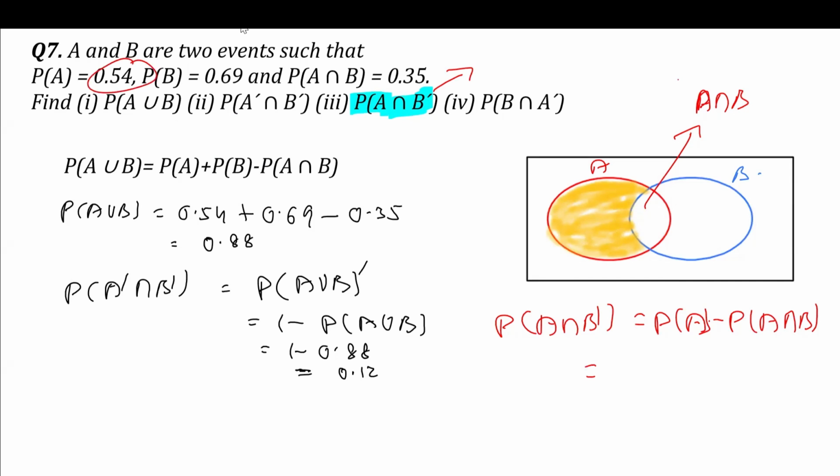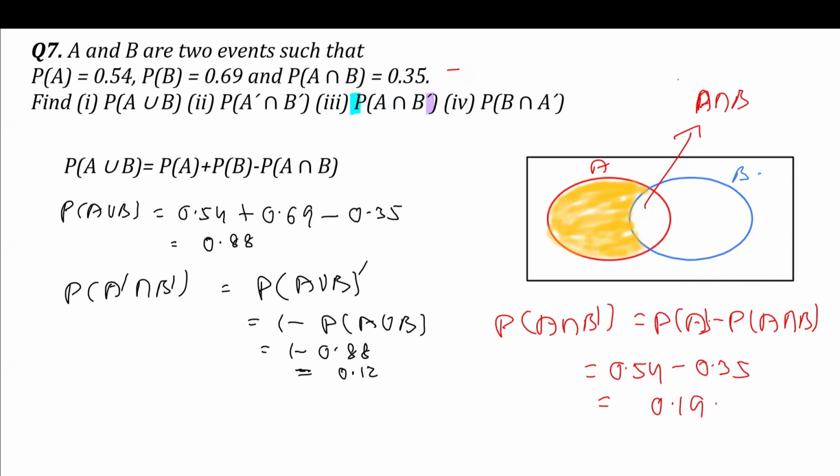It is mentioned as 0.54. So 0.54 minus their intersection, which is 0.35, and their difference is how much? 0.19.